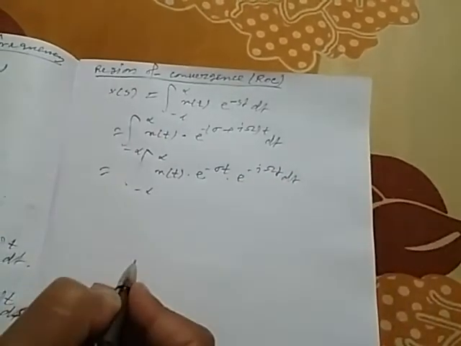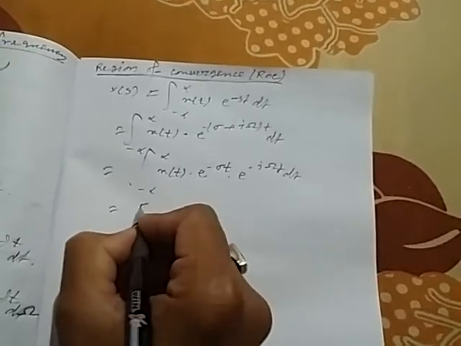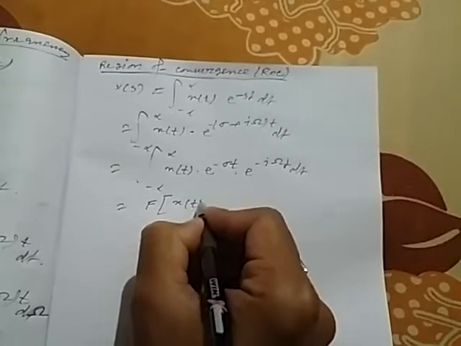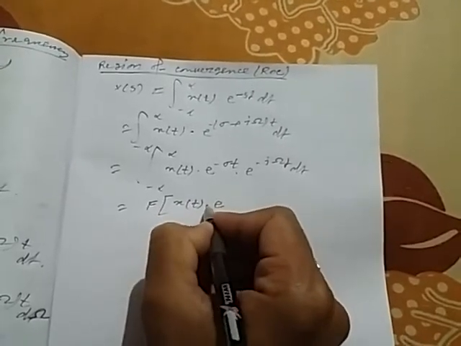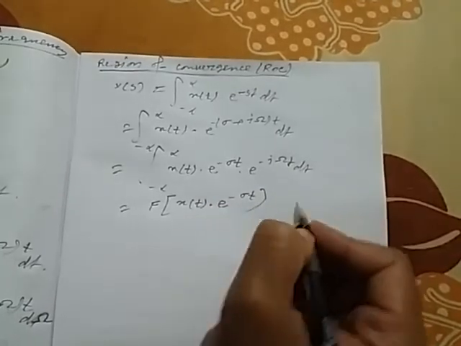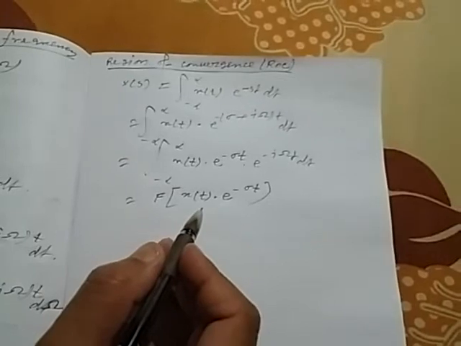So we can say here this is the Fourier transformation of the function x(t) into e to the power minus sigma t.